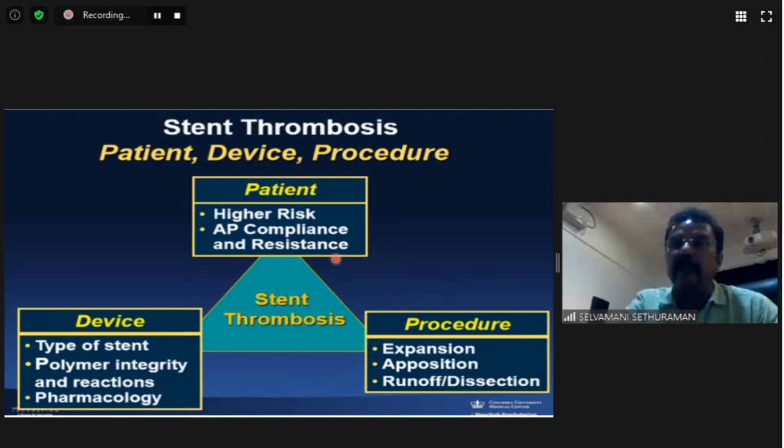And of course, the procedure: expansion, apposition, runoff, restrictions. These are some of the very important causes. We have no control of the patient factors. We have control of these two things. One is to go for a better product, and of course, you should do a better procedure. If you do this, thrombosis is going to be very, very less.